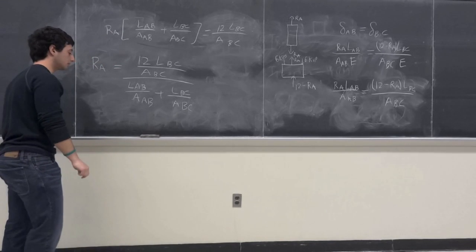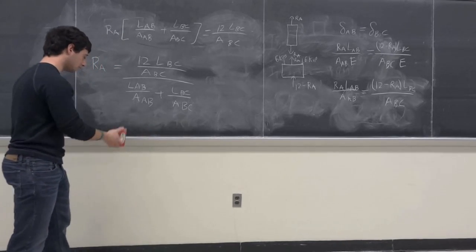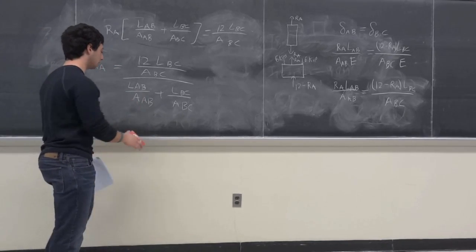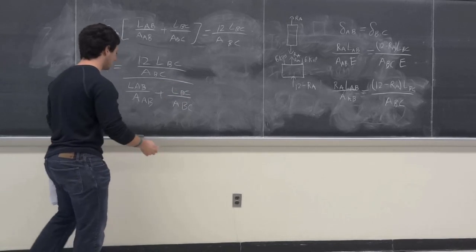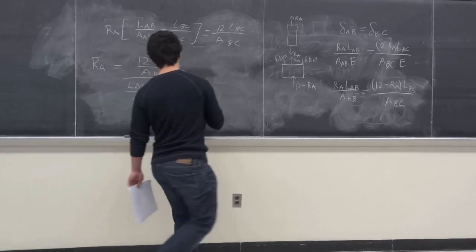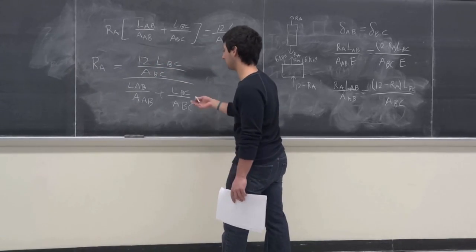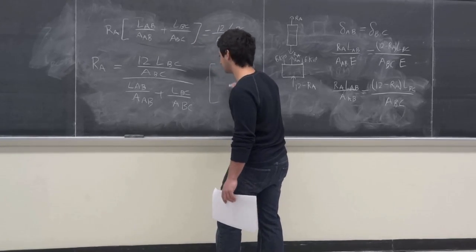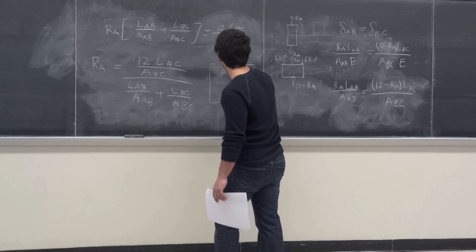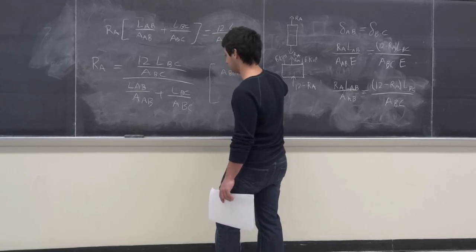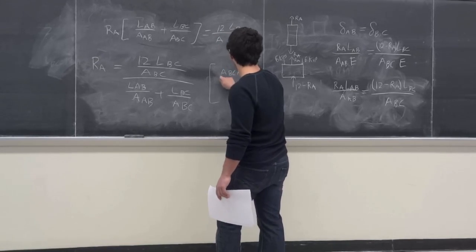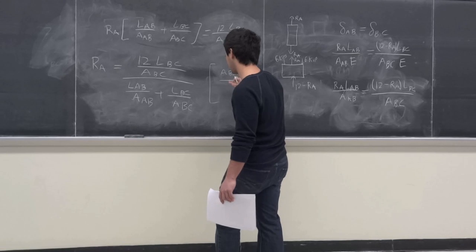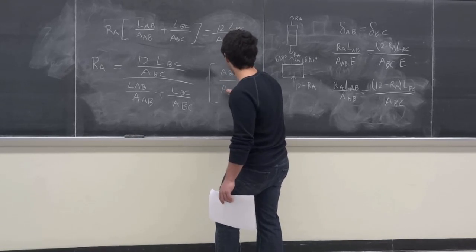You guys could all do this. All right, so if we want this to look nicer, we can multiply the top and bottom by the areas. So now what I'm going to do is just do a little manipulation to get this cleaner. So you can multiply the top and the bottom by ABC times AAB divided by ABC times AAB, so I'm just multiplying by 1, it's the same thing.